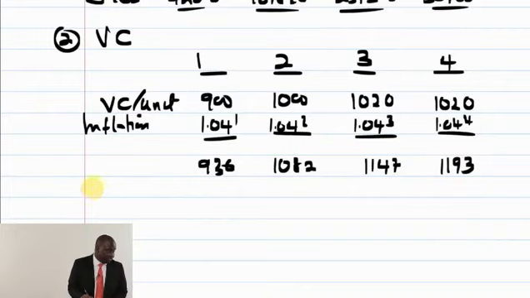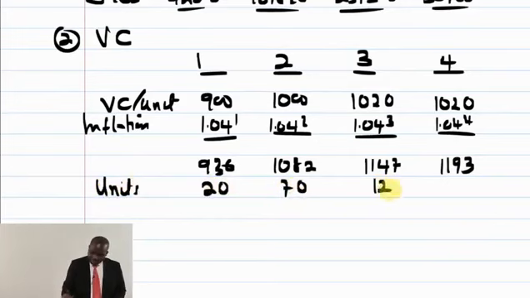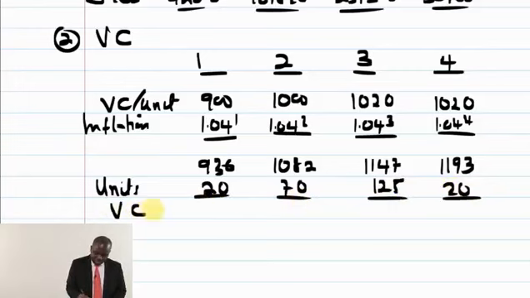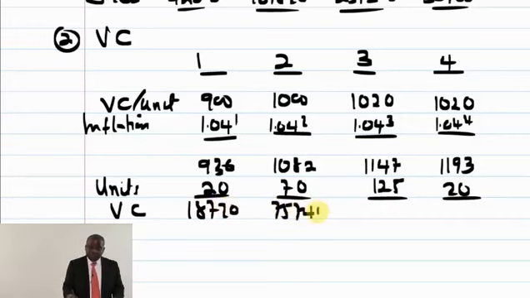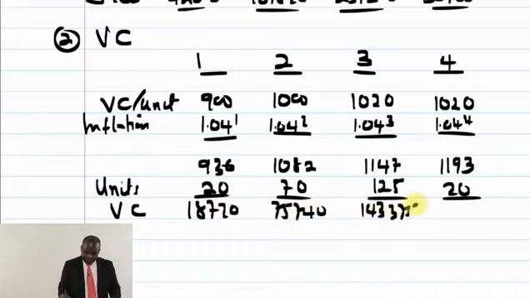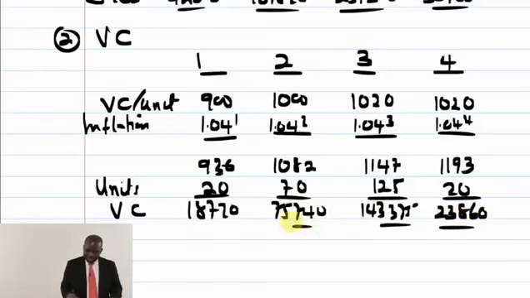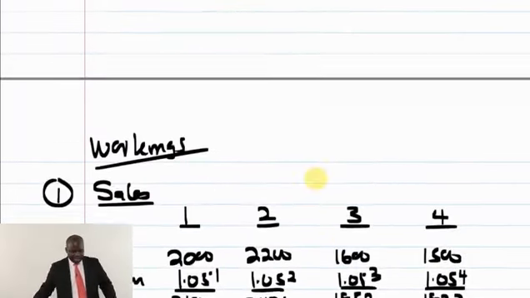Units are given as 20, 70, 125, and then 20. If you multiply, you get a total variable cost of 18,720, 75,740, 143,375, 23,860.